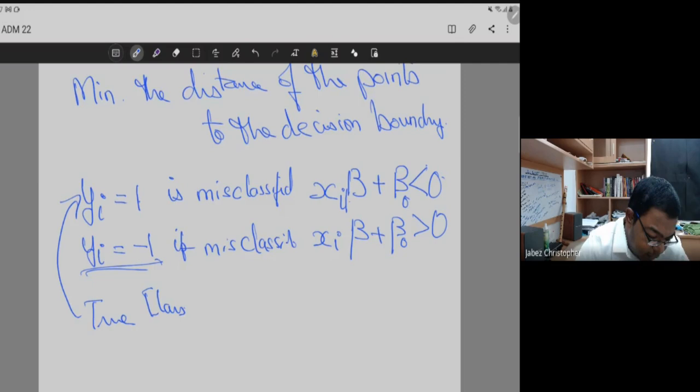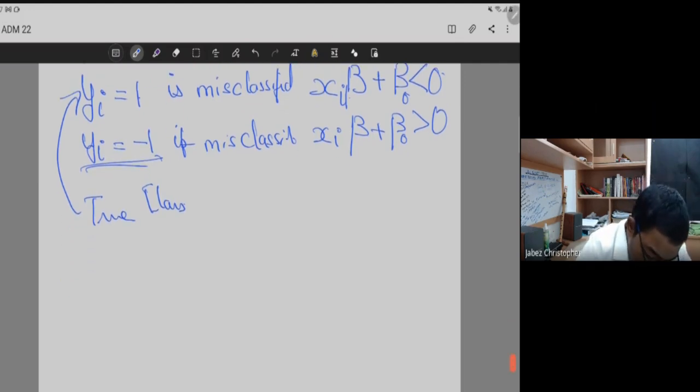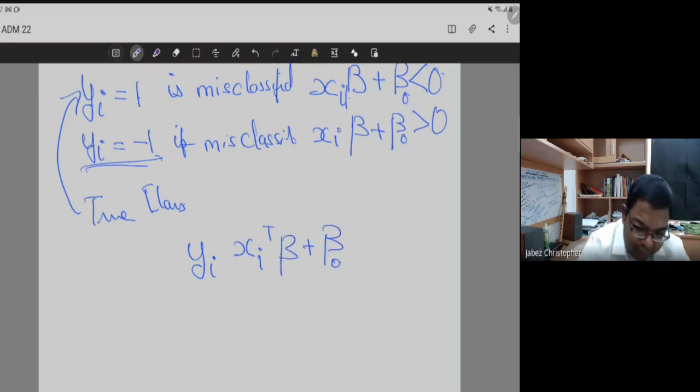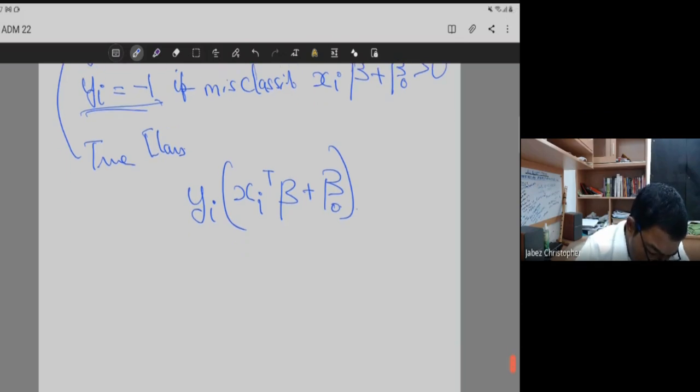So this quantity, for each point, for all the values of beta and beta naught, what should this quantity be?